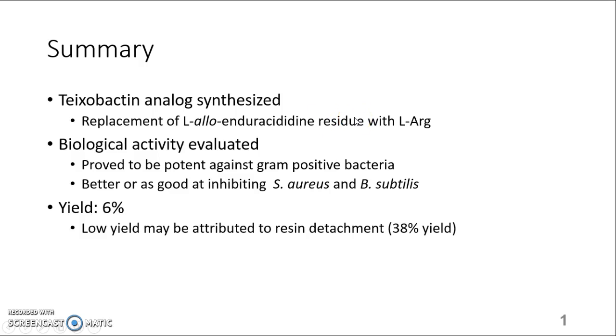The biological activity was evaluated, and the conclusion was that when compared to other very commonly used antibiotics such as meropenem, it was better or nearly as good at inhibiting Staph aureus and B. subtilis, and by inference, you can come to the conclusion that it's potent at inhibiting gram-positive bacteria.